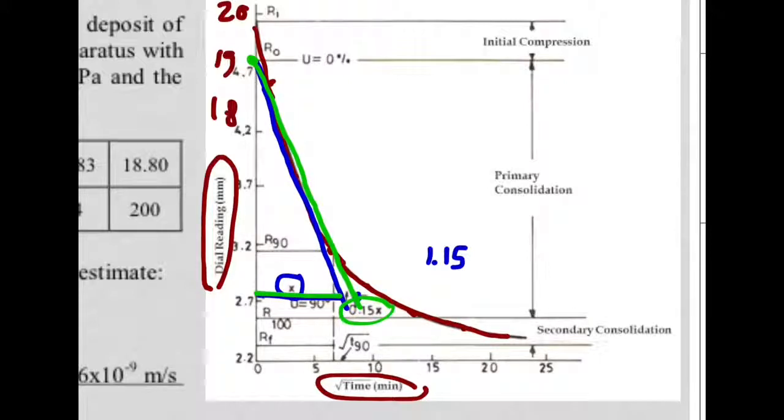The point where this green line intersects the curve is the time at which we have 90% degree of consolidation. So now we know the time for 90% consolidation.